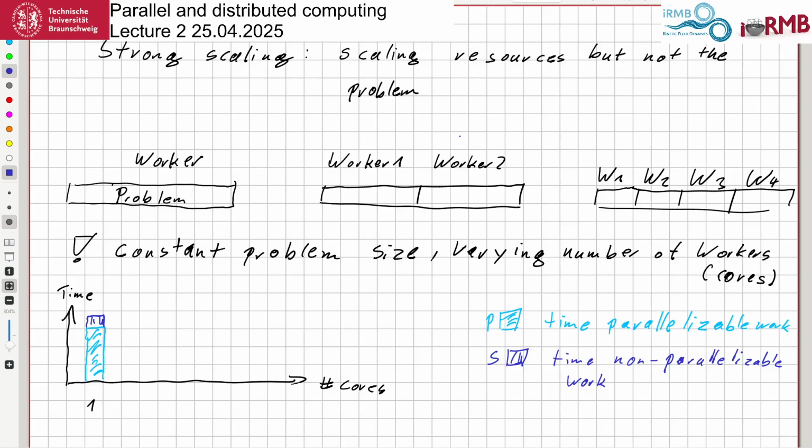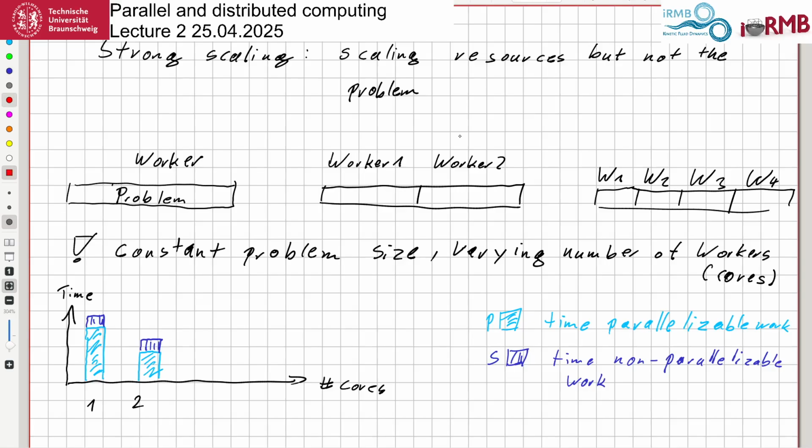So now the idea is, if you have two workers, then the parallelizable work would be split in half. No, not the work. The time that you needed would be split in half. The work that cannot be parallelized would stay the same.